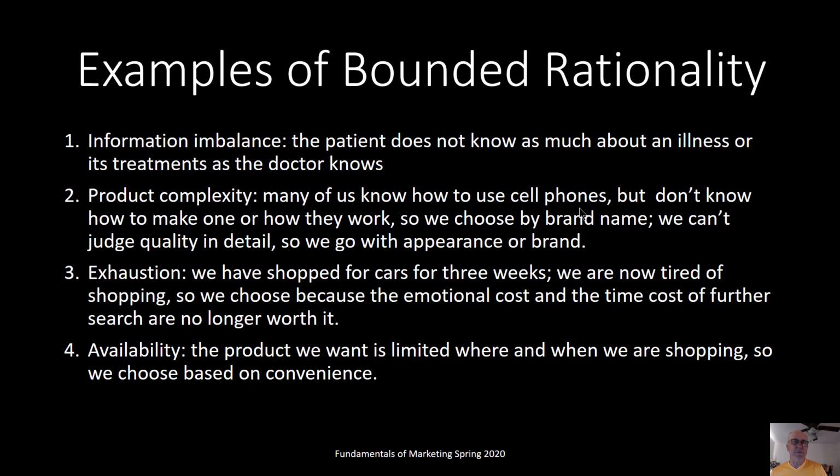But which phone is the best? Well, technically I have no way of judging that, and I don't know enough. So we end up using brand. I have an iPhone. Probably the next phone I get will be an iPhone, which is brand loyalty being a solution here.